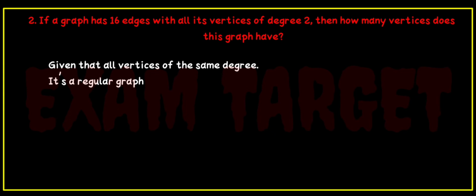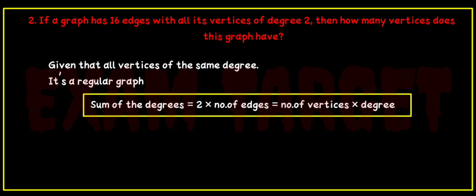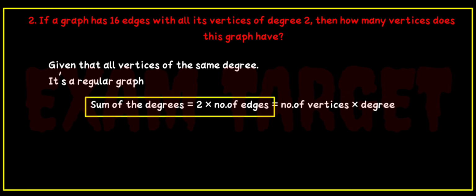Here the formula is used to find the sum of the degrees. Therefore, sum of the degrees equals 2 multiplied by the number of edges, as well as number of vertices multiplied by degree. This could be the equation 1, that equals twice the number of edges.